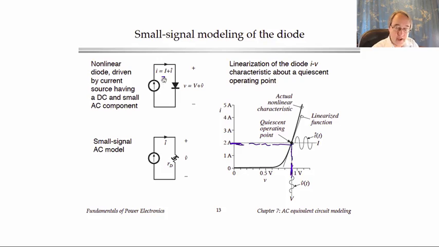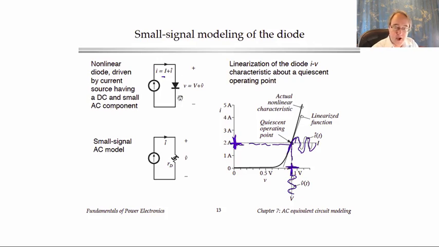And then on top of that quiescent value, if we add some small AC variation that here is called I hat of t, so we vary the current sinusoidally about this quiescent value like this, then as a result of that variation, we will see some AC variation in the voltage. That's illustrated here. And we call that variation V hat.